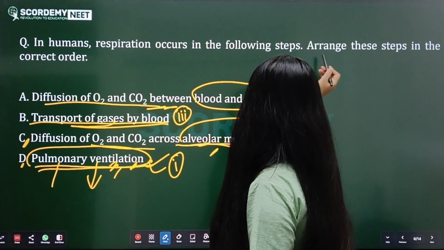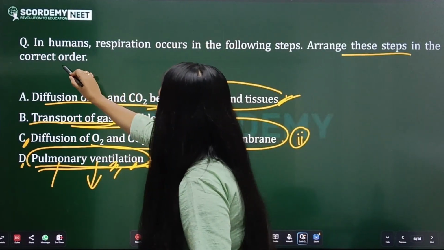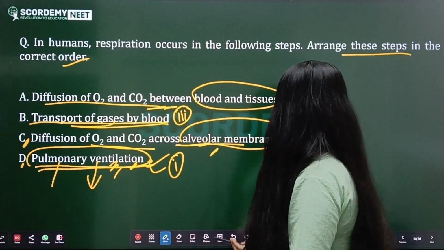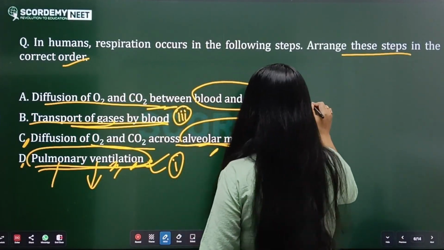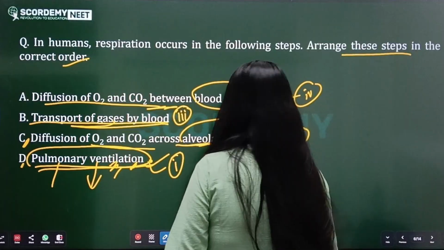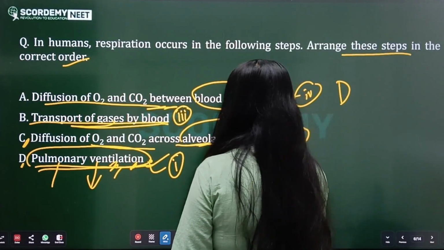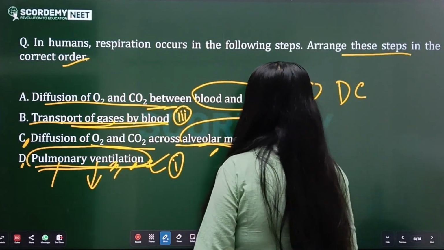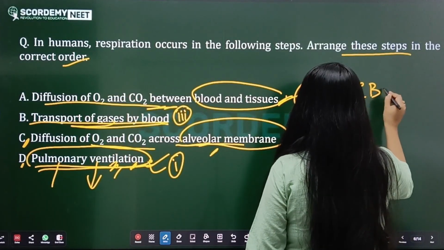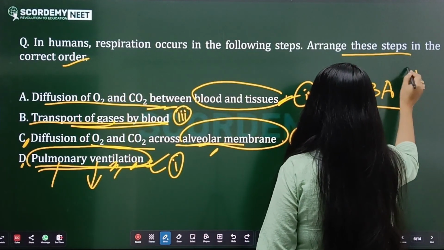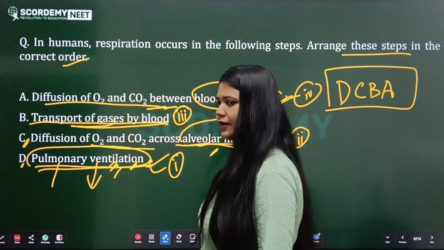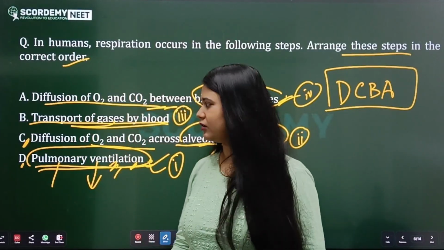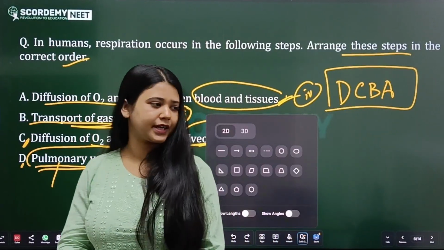The question says arrange the steps in the correct order. So the sequence will be D, C, B and A. So this is the sequence.